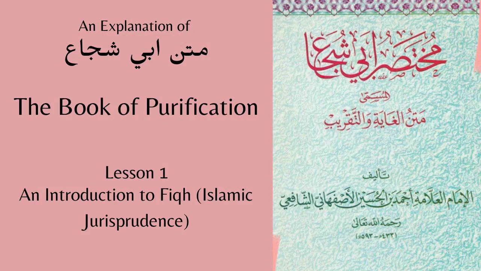And he says ليقرب على المتعلم درسه, so that it will be easier for the student to study it. ويسهل على المبتدئ حفظه, and it will be easy for a beginner student of knowledge to memorize it. So this book is also short so that it's easy to memorize, and I recommend you all to memorize it.